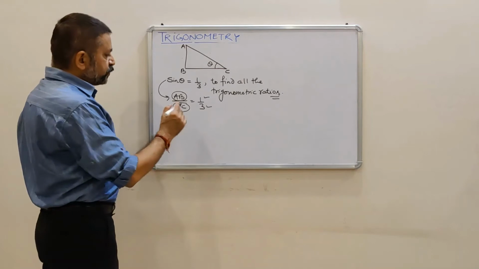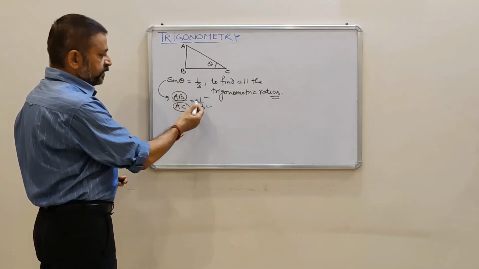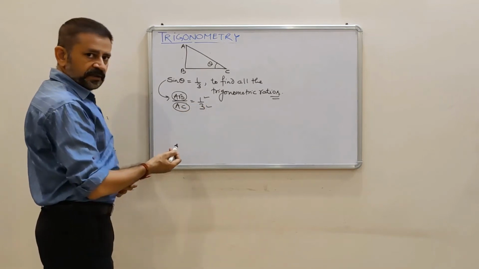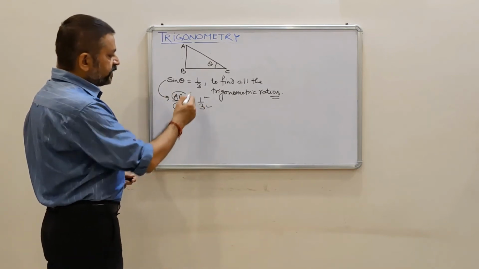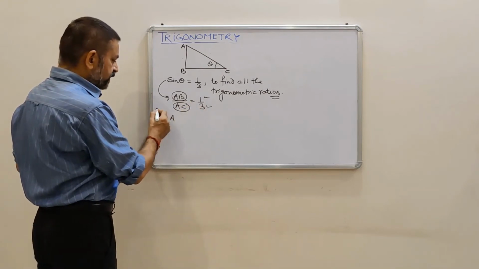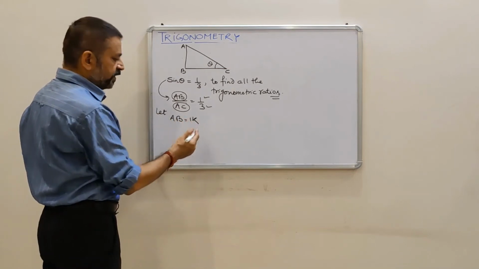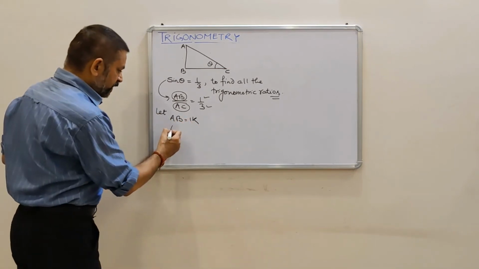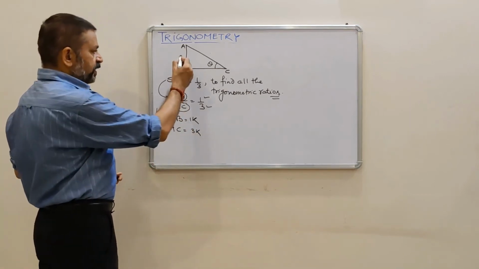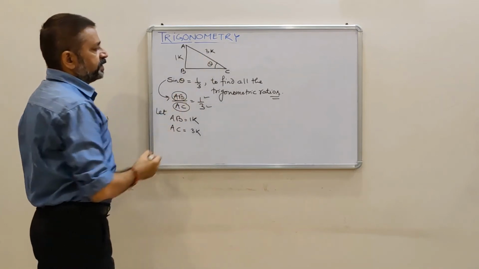Because it is a ratio, we cannot take these values: AB cannot be 1, AC is not 3. So let AB be 1K, where K is any positive number, and AC be 3K.